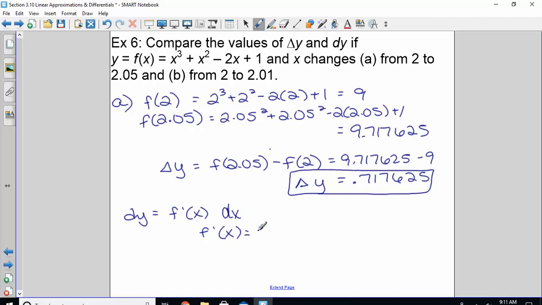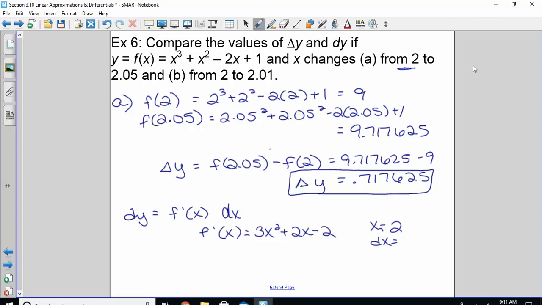Derivative of the original, so that would be 3x squared plus 2x minus 2. If you think about our picture, x is the original point, so we're talking about when x was, you go with your starting point. So we went from 2 to 2.05, so we started at x equals 2.